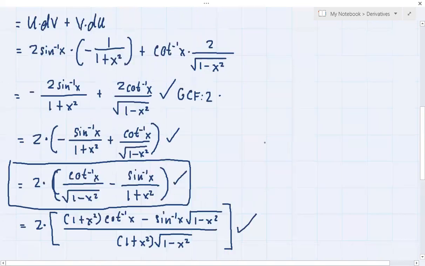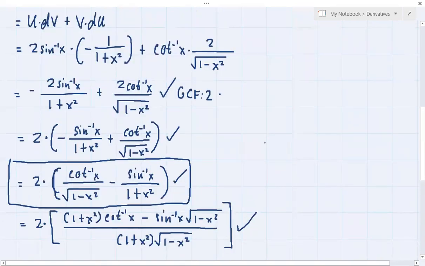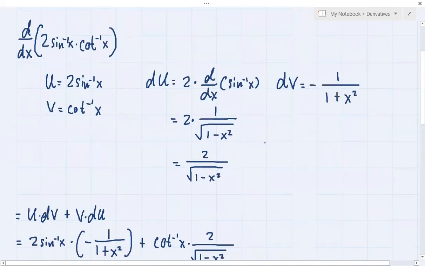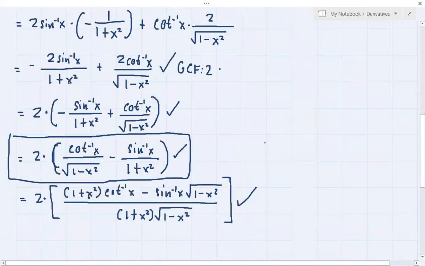This is actually just practice for me. As long as you know the basic differentiation of the inverse trigonometric functions, it's easy for you to solve this type of problem. The next thing we'll discuss is the quotient rule of differentiation. Alright? See you soon.